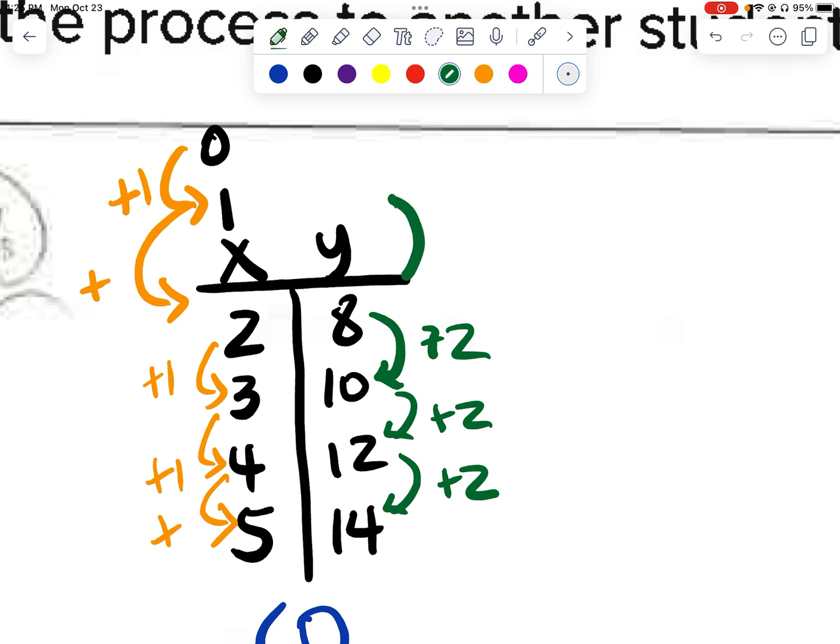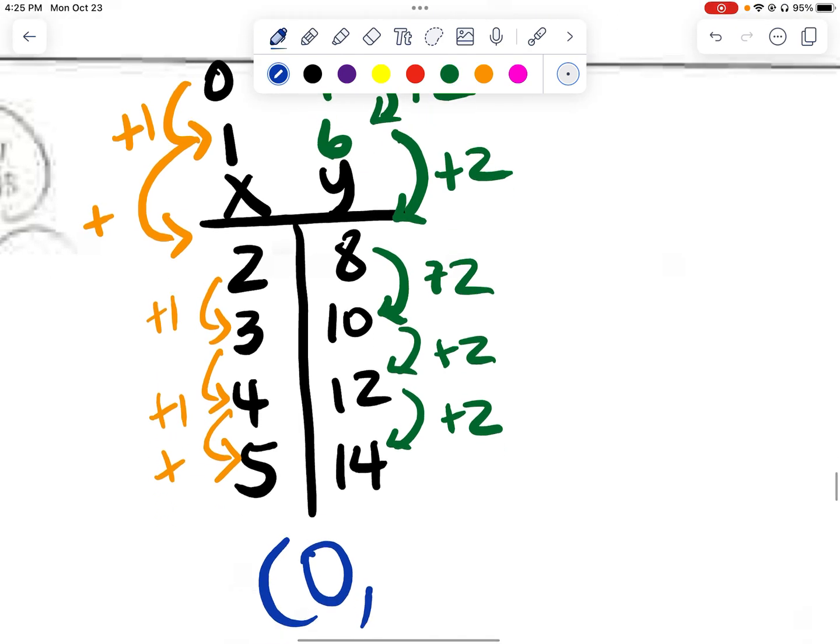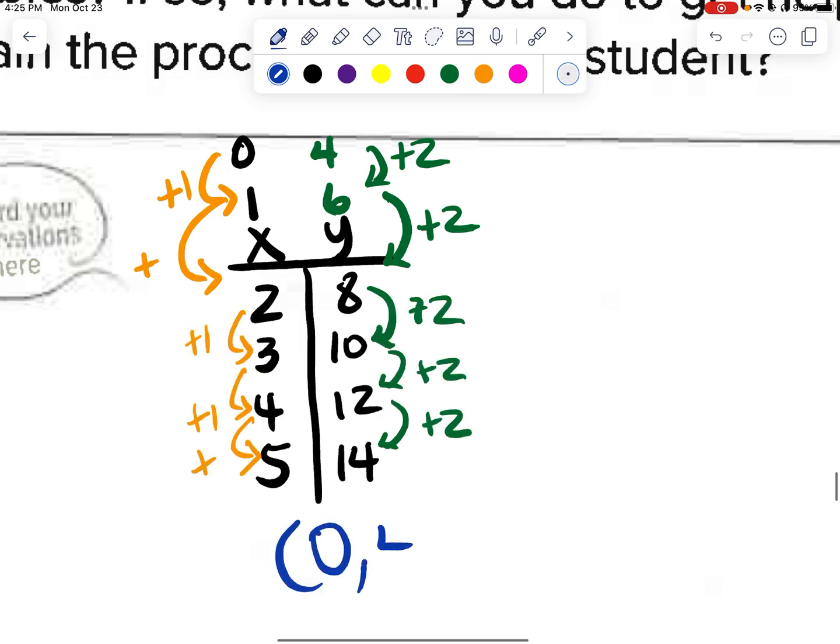So I have to add 2 and add 2 to get my correct answers. So what plus 2 is going to get me 8? 6. What plus 2 is going to get me 6? 4. So I just found my y-intercept. All I did was go backwards on my table.